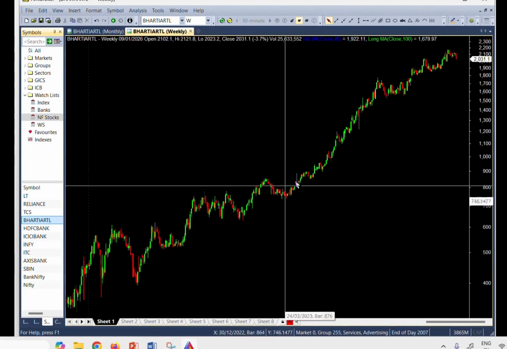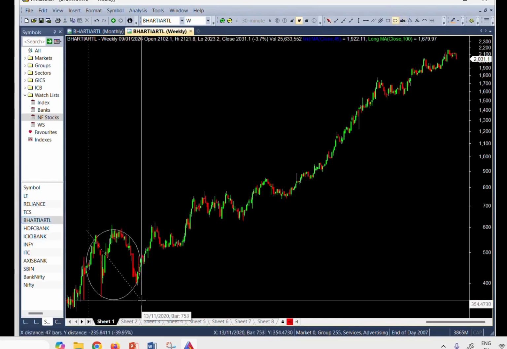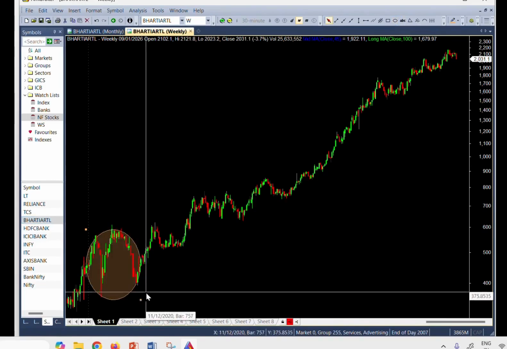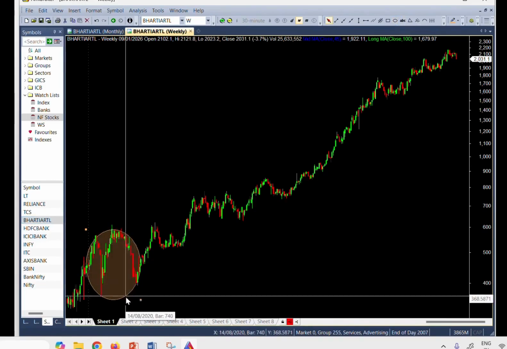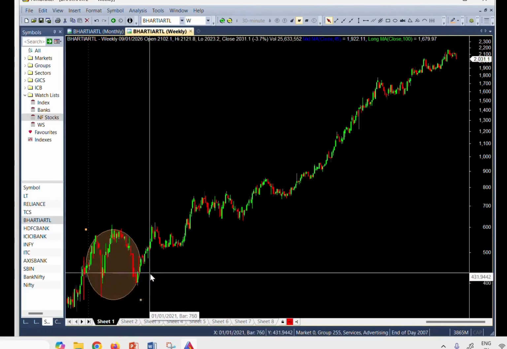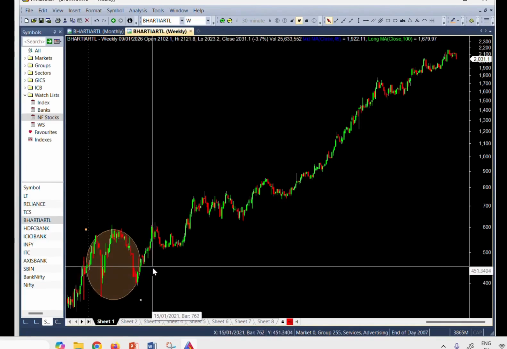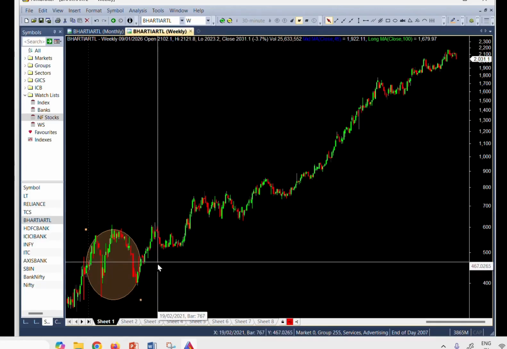Here in this chart you can see for that brief COVID period it has gone into a slight downtrend, but it has tested those support lines twice, and then it resumed its journey from October 2020 till January 2021.